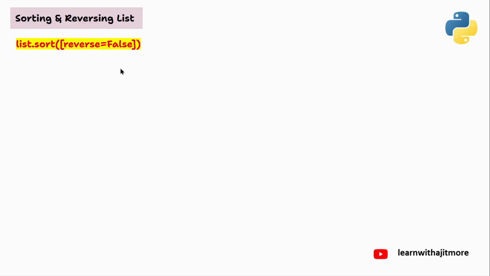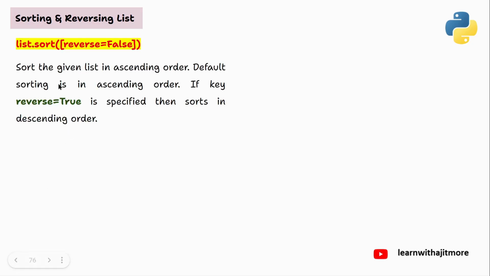And if you give reverse equal to true... Default it is false. Therefore, it is not reverse, means it is ascending. Sort the given list in ascending order. If the key reverse equal to true is passed, then it is descending.